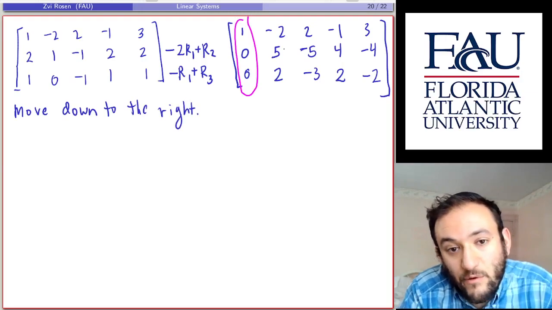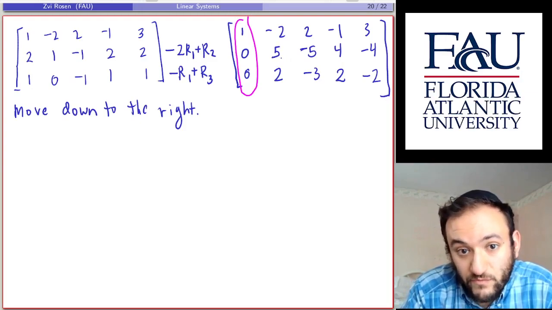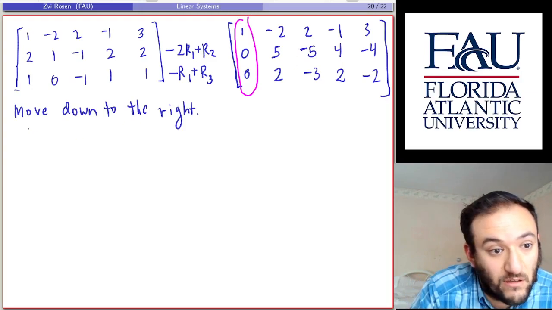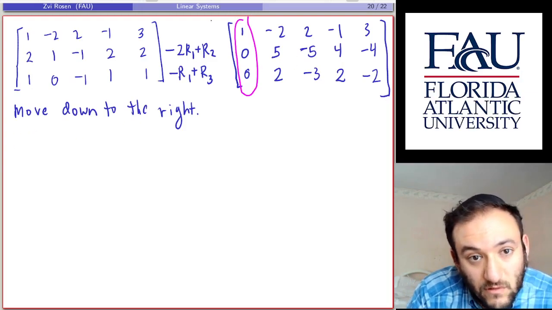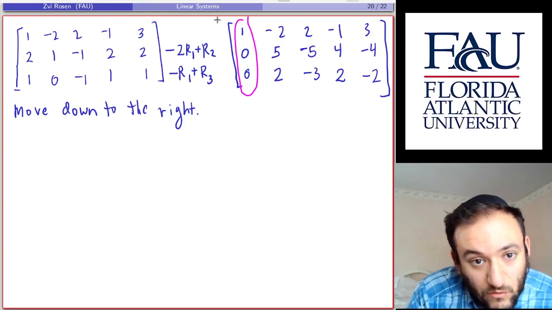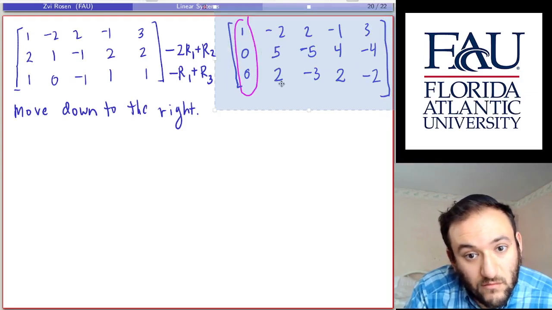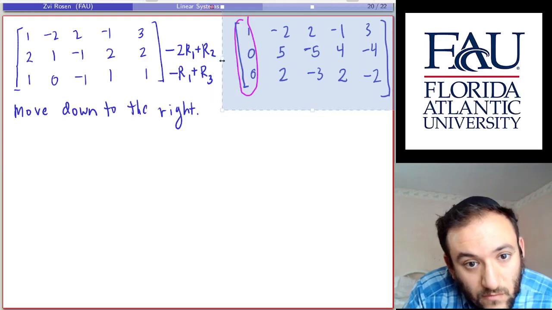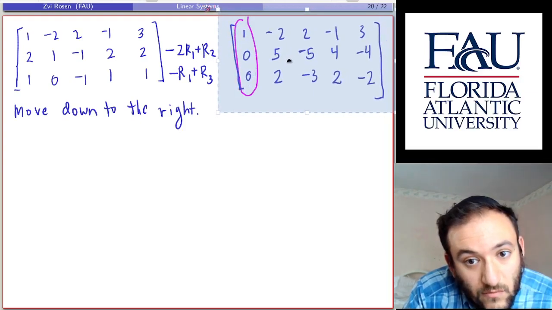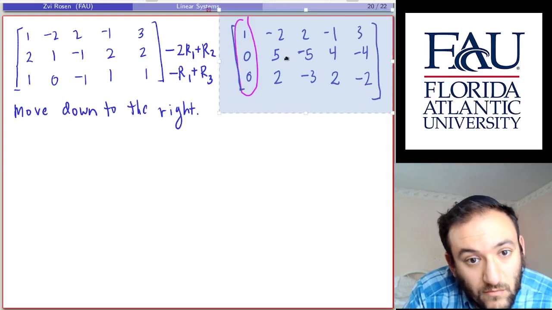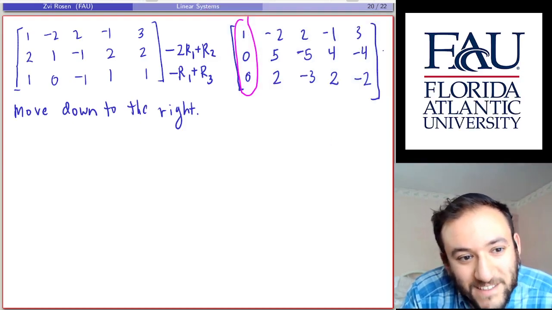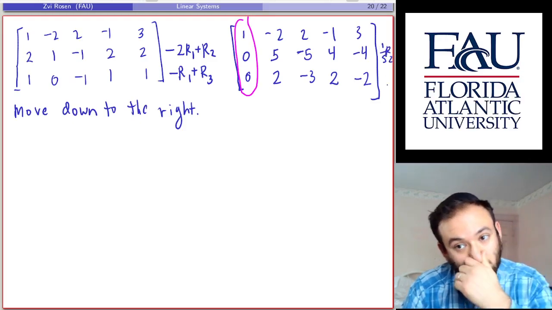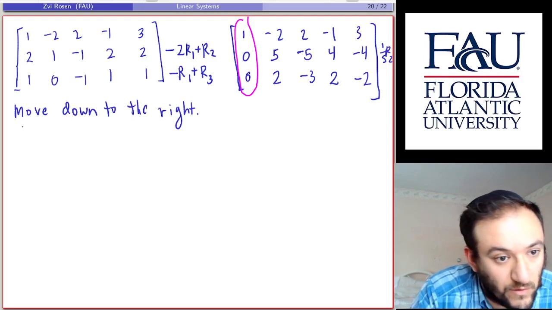Okay. And so now we want to scale this second row so that the first entry is 1. So we have to multiply the row by 1/5. Let me signify that I'm doing that over here. We're doing this 1/5 times r2, and we put that here.